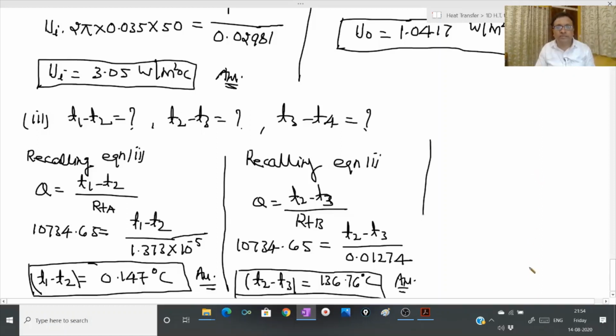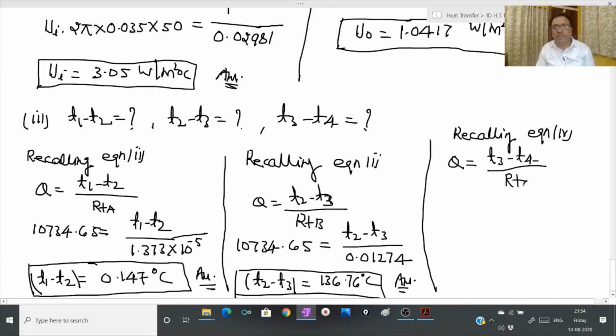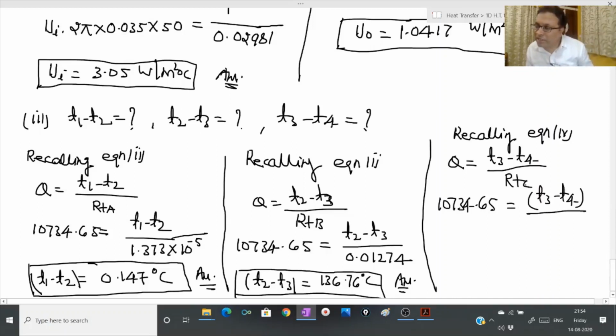And finally, recalling equation 4, which happens to be Q is equal to T3 minus T4 over RTC. 10734.65 is equal to T3 minus T4 over the value of RTC, which is 0.01187.